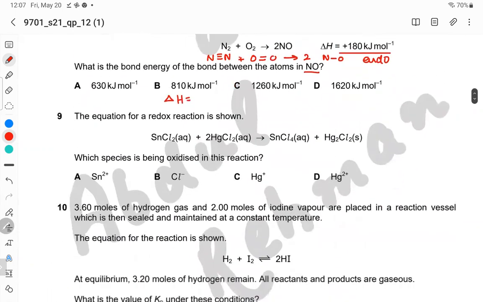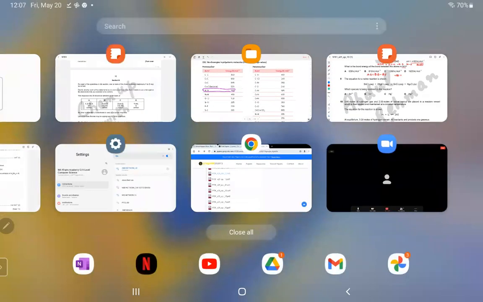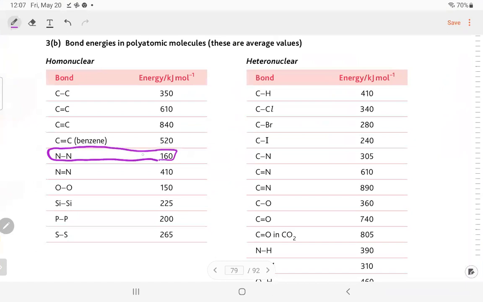Okay. So the expression that I used and I told you is bond breaking minus bond forming. So we know the enthalpy change, that is positive 180. Then bond breaking will be, have a look at the data booklet.